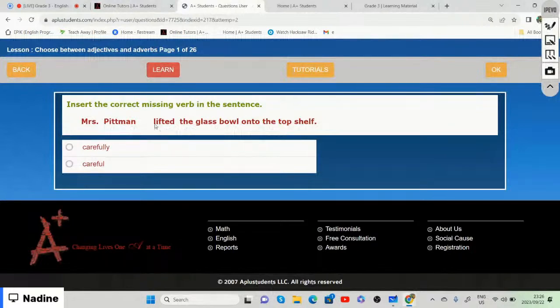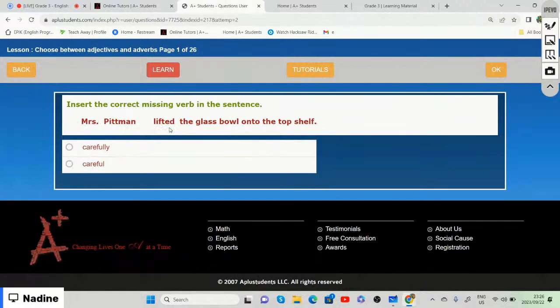So lifted, is lifted firstly a verb or a noun? So this is a verb, so we need to identify an adverb. So is it carefully lifted the glass bowl or careful lifted the glass bowl? We need to choose the correct one.